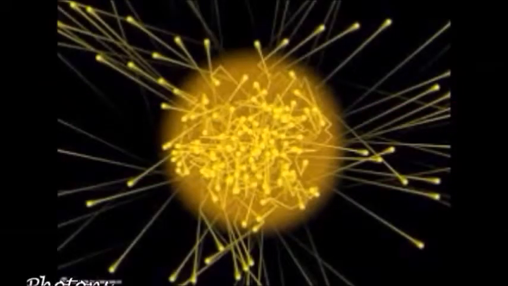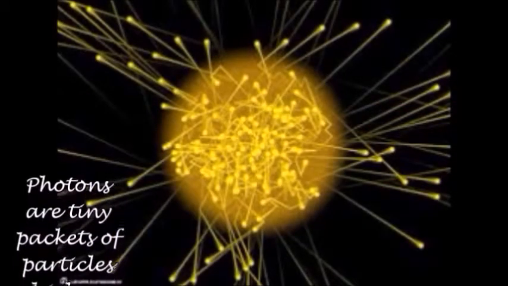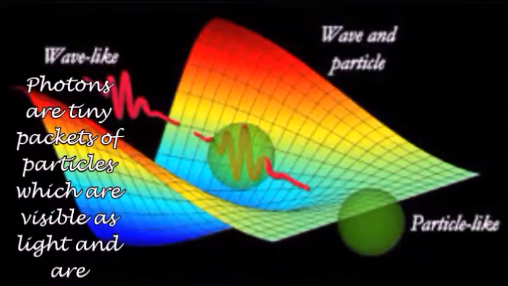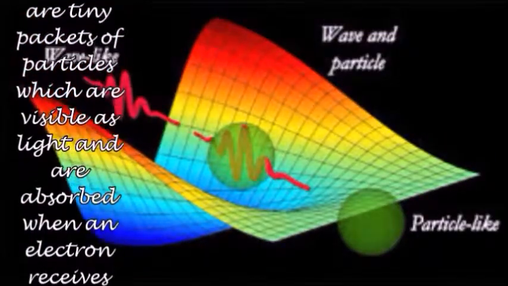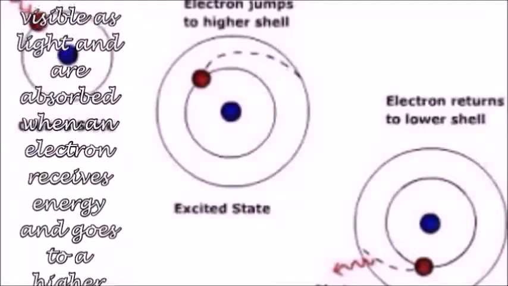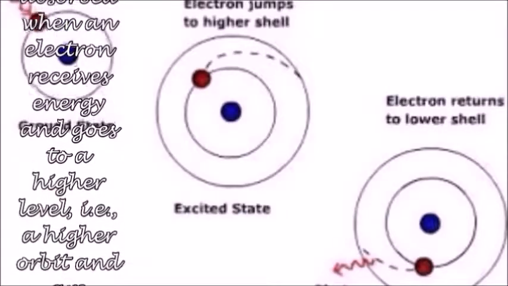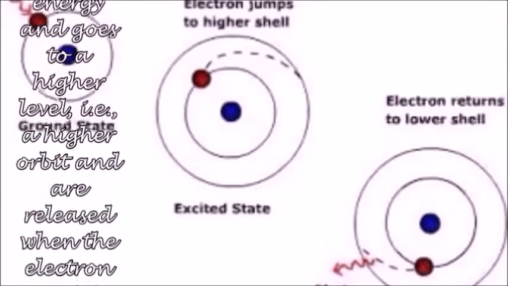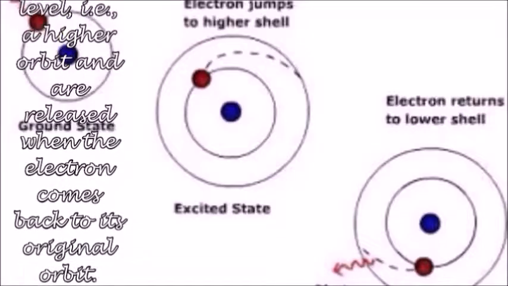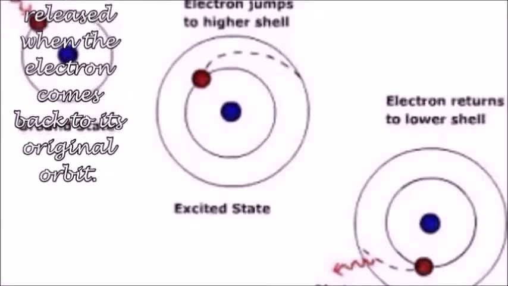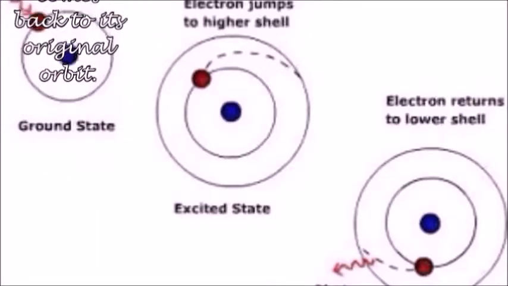Photons. Photons are tiny packets of particles which are visible as light and are absorbed when an electron receives energy and goes to a higher level, that is, a higher orbit, and are released when the electron comes back to its original orbit.